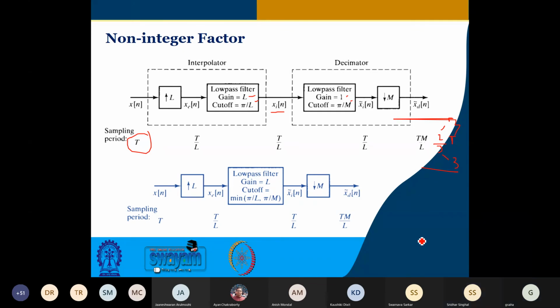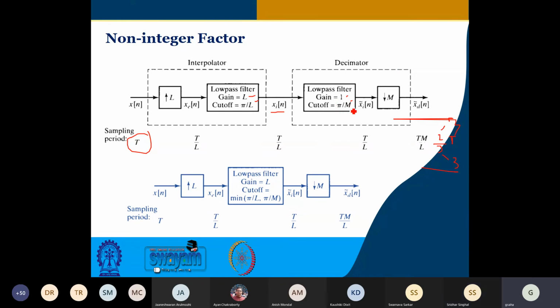So if we use the decimator first, we would have to use a low pass filter which actually loses information, whereas if we use the interpolator first, the low pass filter we use does not lose information. So you mean to say there is a possibility of losing information if we use the decimator first.